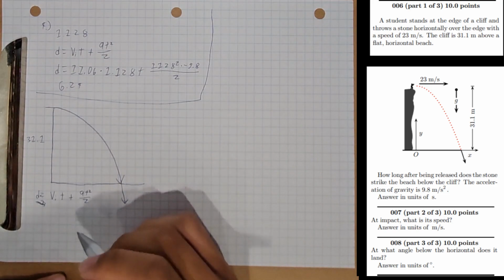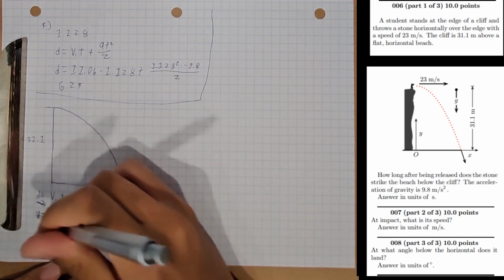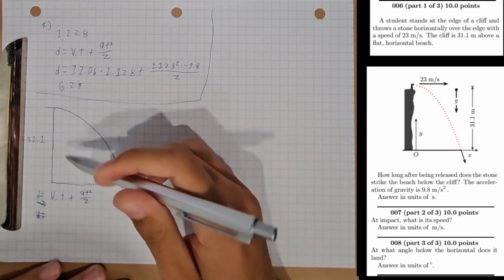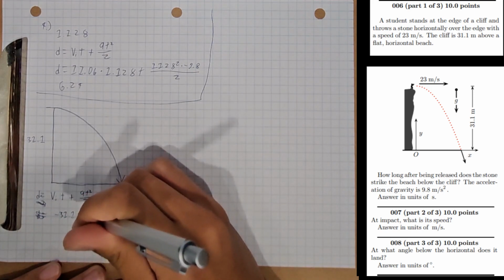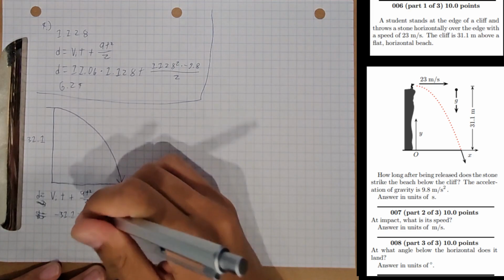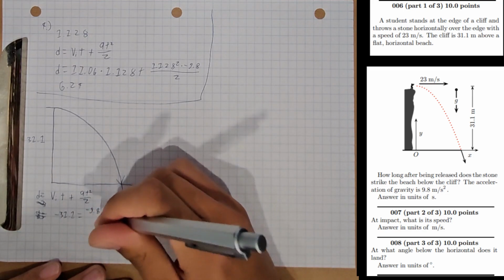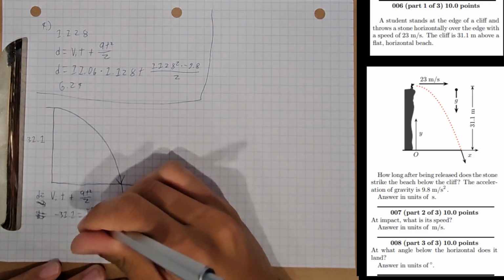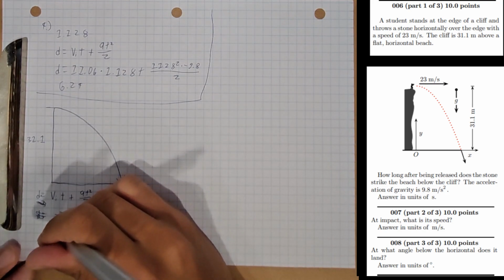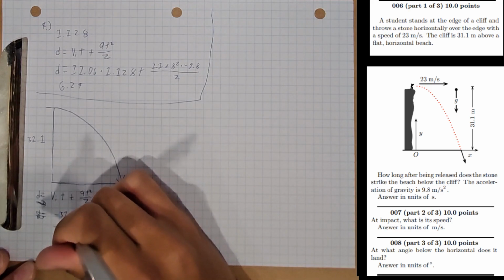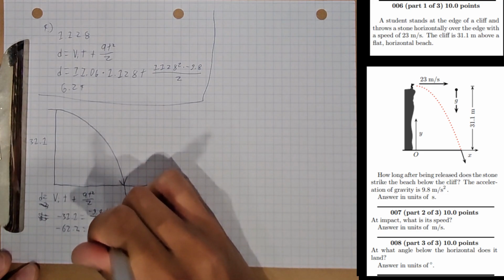So the initial velocity is 0, so in this case d equals, the distance that the projectile travels is negative 31.1, so that is going to be equal to negative 9.8. Since the initial velocity is 0, we can just drop that term. So we're solving for t squared, so t squared over 2. Now we multiply both sides by 2. Negative 62.2 is equal to negative 9.8 t squared.